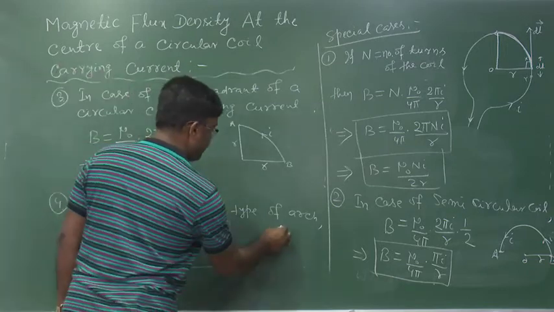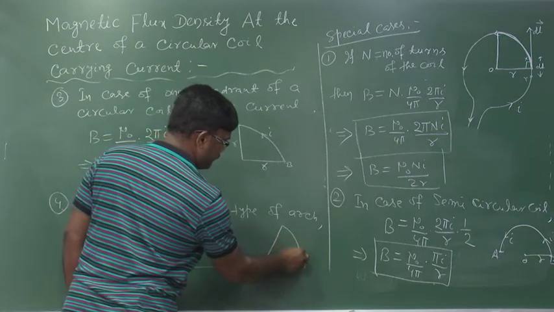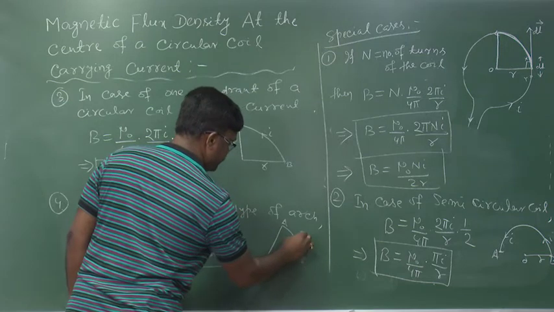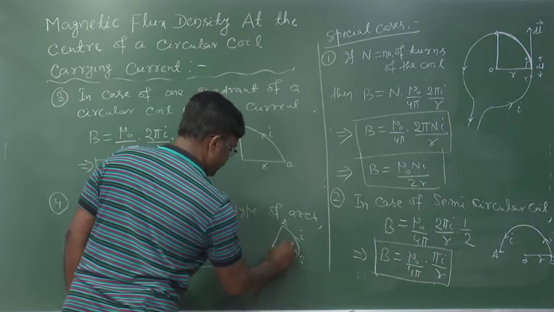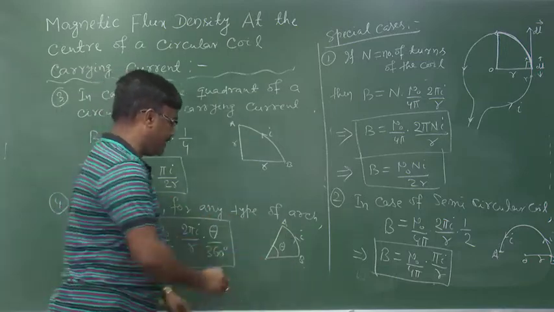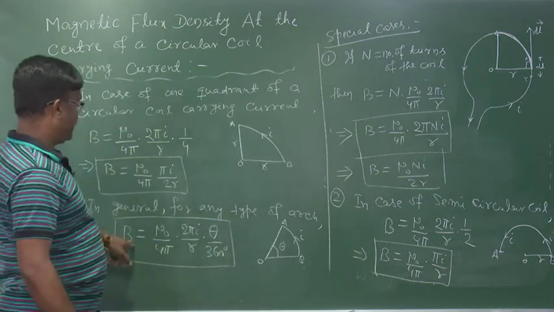That means if the arc makes angle theta at the center, then we have to calculate like this.